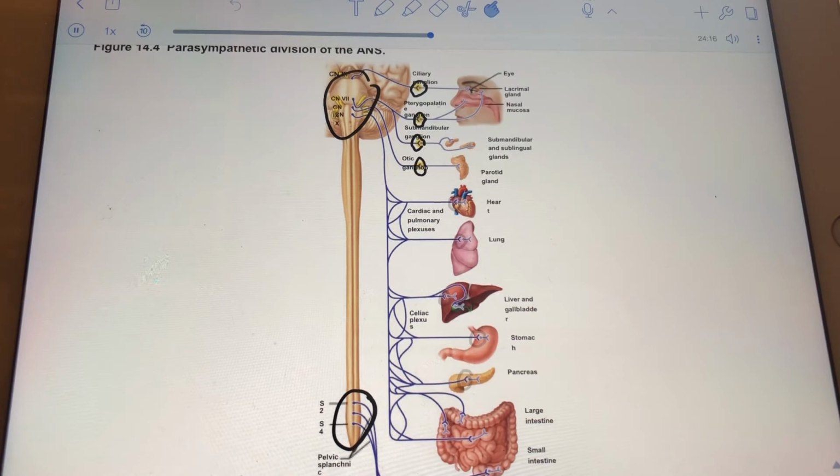That's why they're called preganglionic and postganglionic. That is either near or even in a target organ, okay? And this particular image even shows us some of the ganglia names. So, for instance, the ciliary ganglion, the submandibular ganglion, things like that, okay?